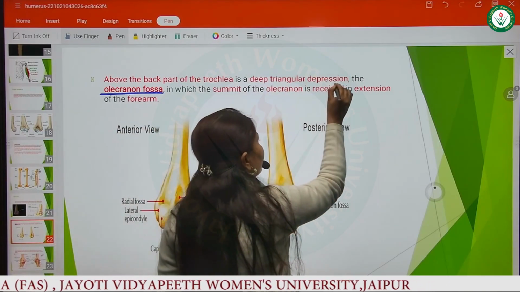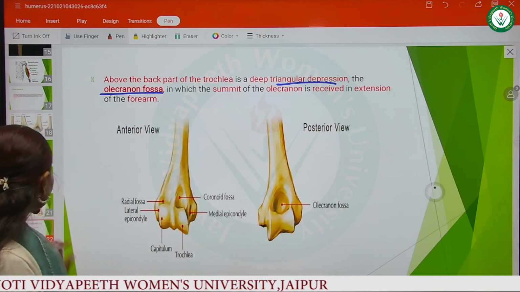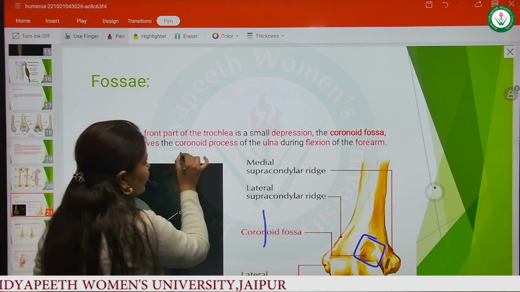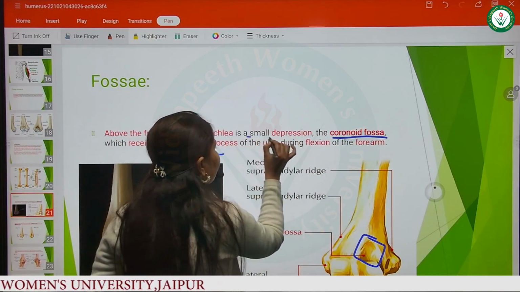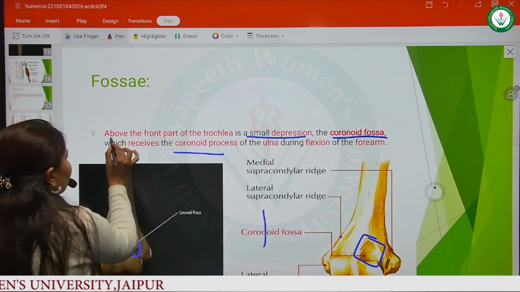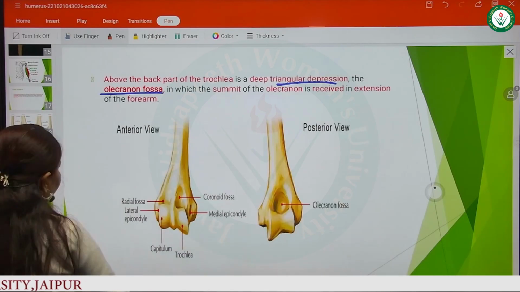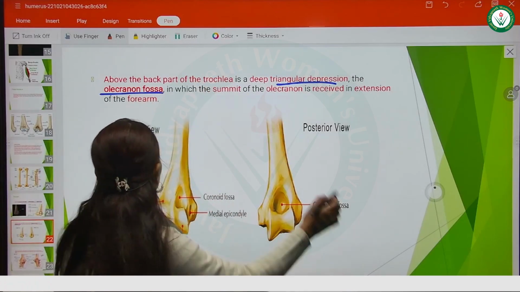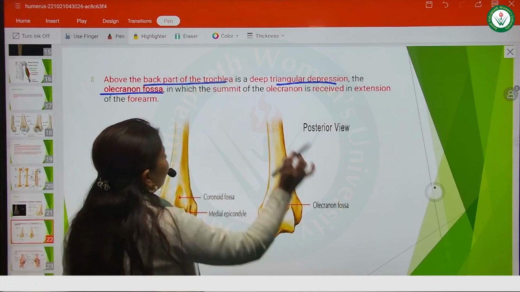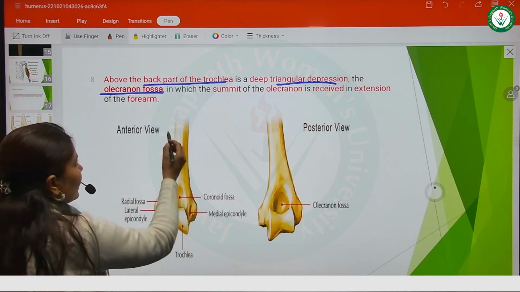The coronoid fossa is the small depression on the front part of the trochlea, and the olecranon fossa is situated on the back part of the trochlea, a deep triangular depression.